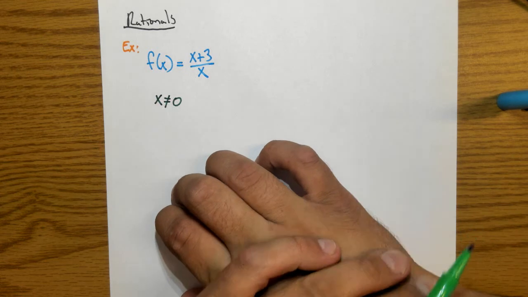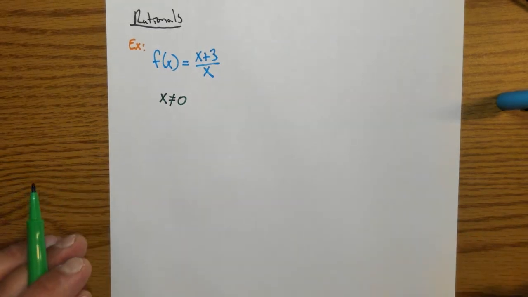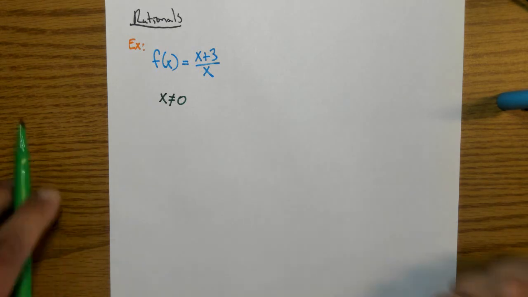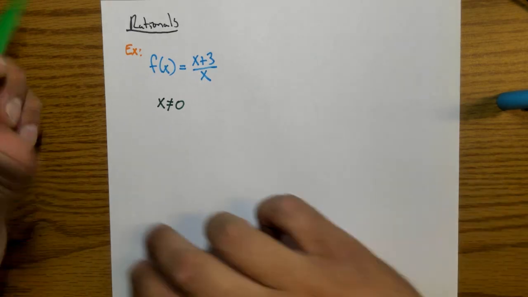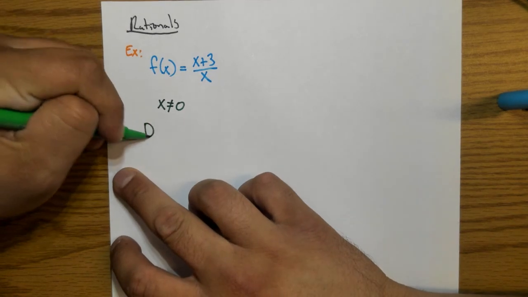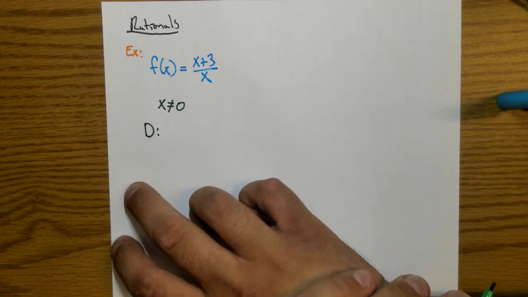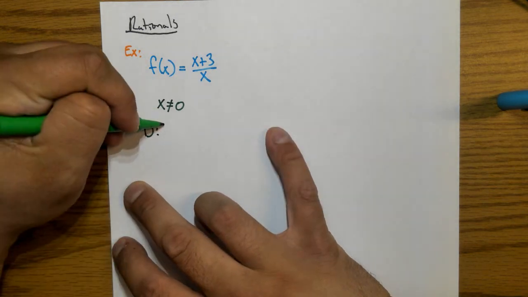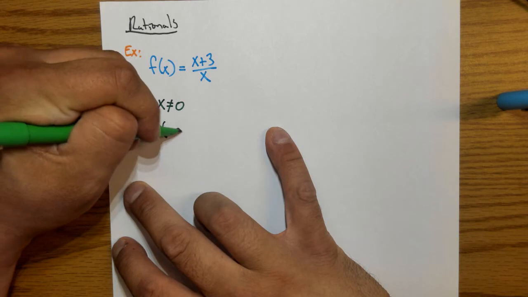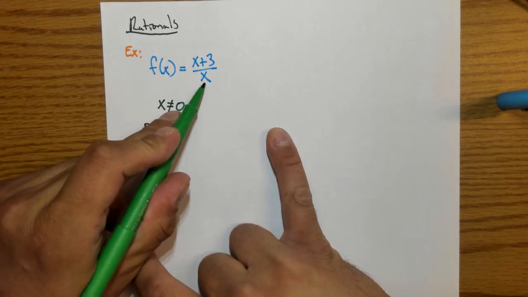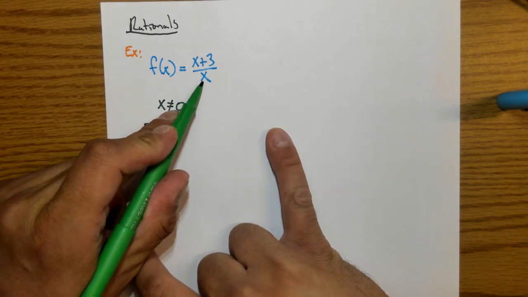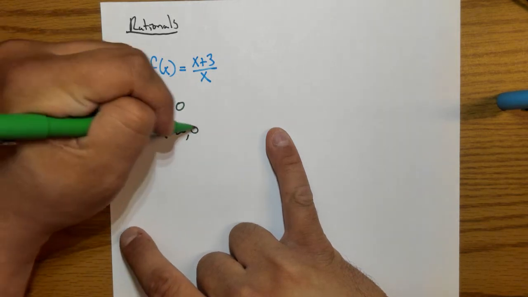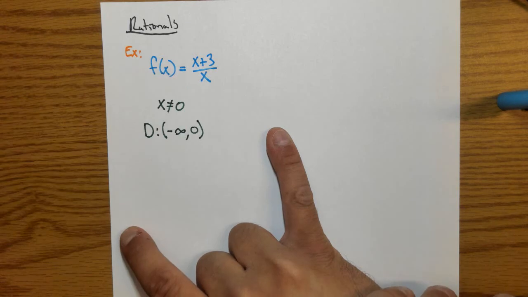But we will take the rule that says the domain of the function is generally from negative infinity to positive infinity. So with rationals, the domain will look like this. We know that we can plug in any number except 0 here, because we'll get 0 in the denominator. So we know that we can plug in from negative infinity to 0, and we can't plug in 0.